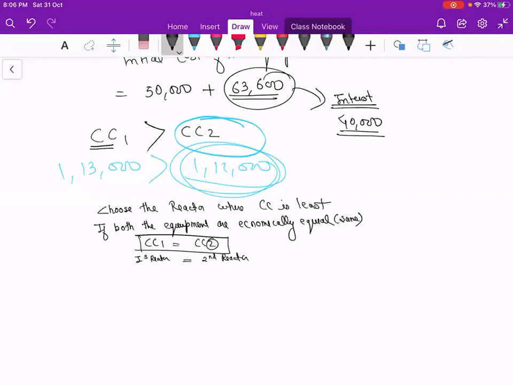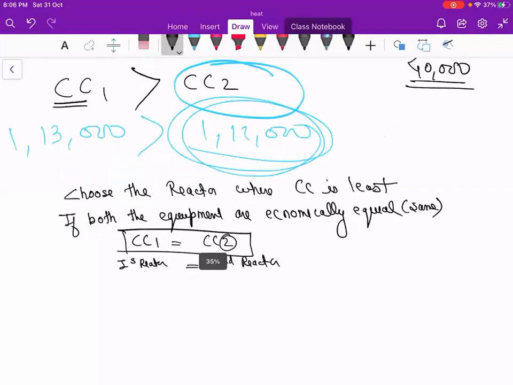Yes or no? Last line. Okay, this is the last line.